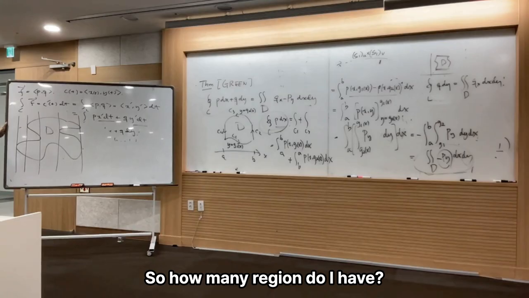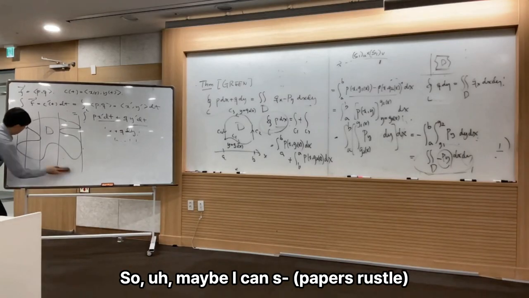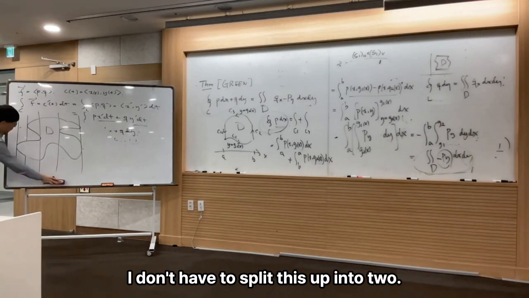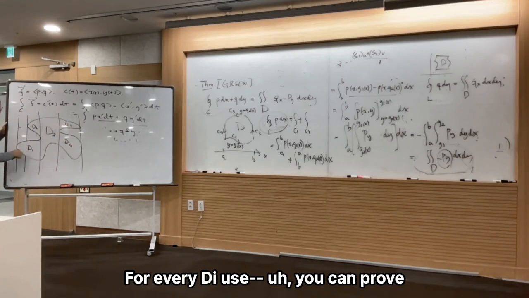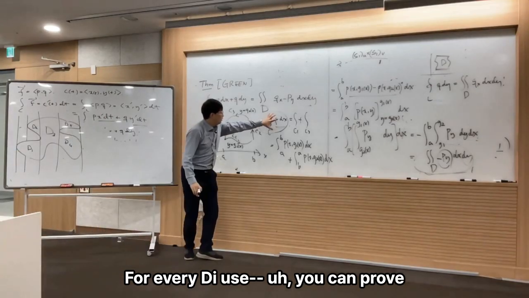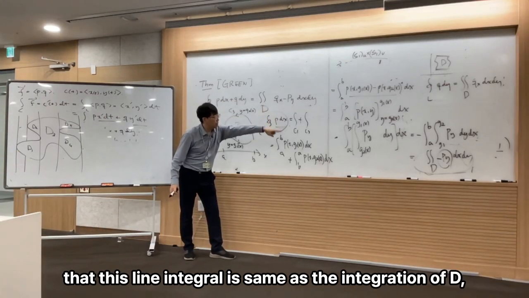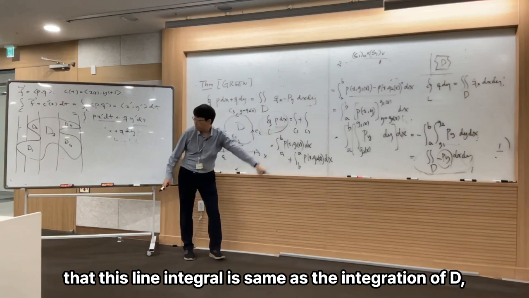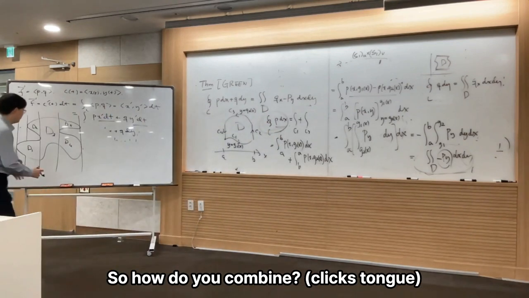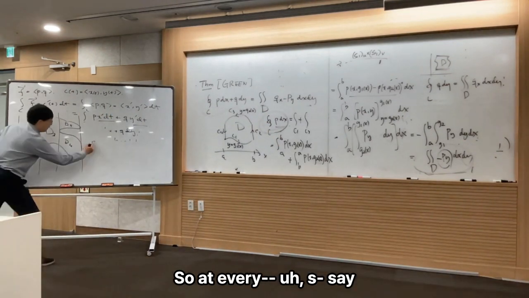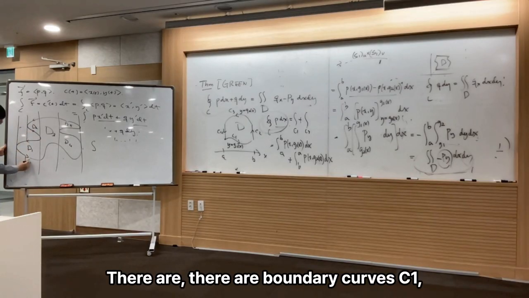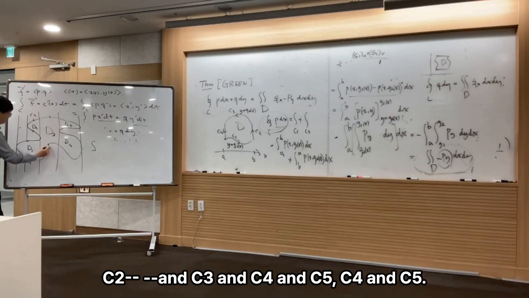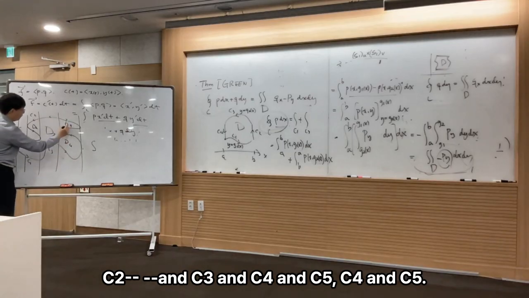So how many regions do I have? Maybe I don't have to split this into two. So D1, D2, D3, D4, D5. For every Di, you can prove that this line integral is the same as the integration over Di. And then you combine them up. So say these are the boundary curves C1, C2, C3, C4, and C5.